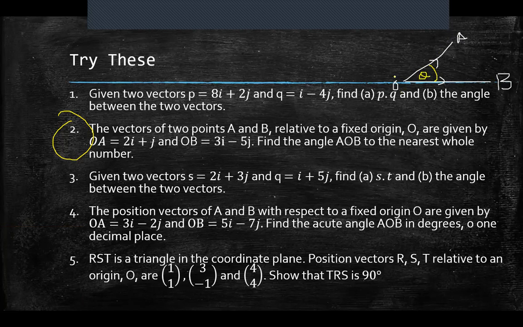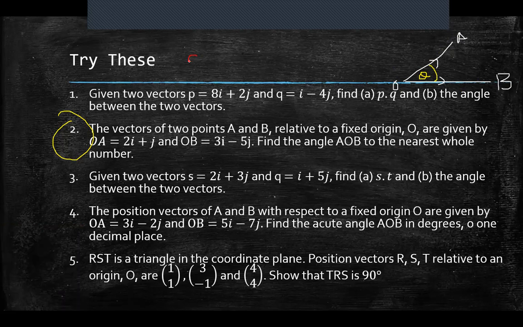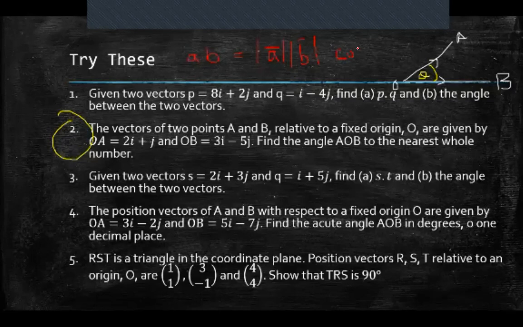And all you have to do, like we just went through, to find the angle between 2 vectors, is apply the formula. What formula am I talking about? It's this one. The dot product of the 2 vectors is equal to the product of the magnitudes of the vectors, cosine of the angle between them.